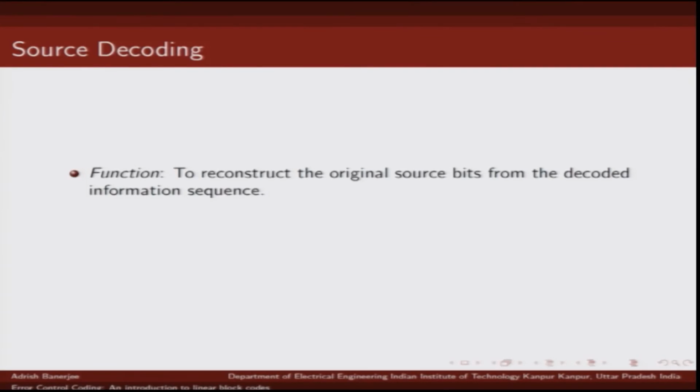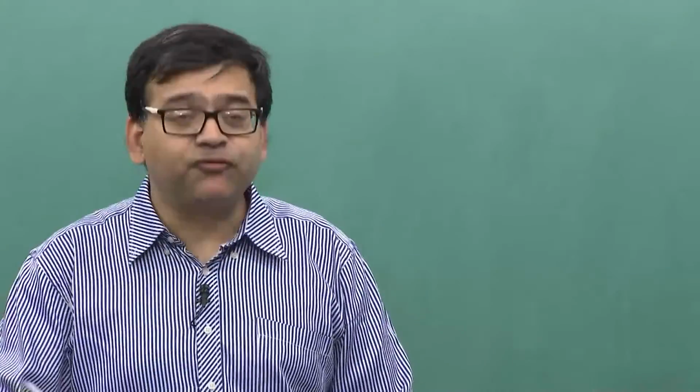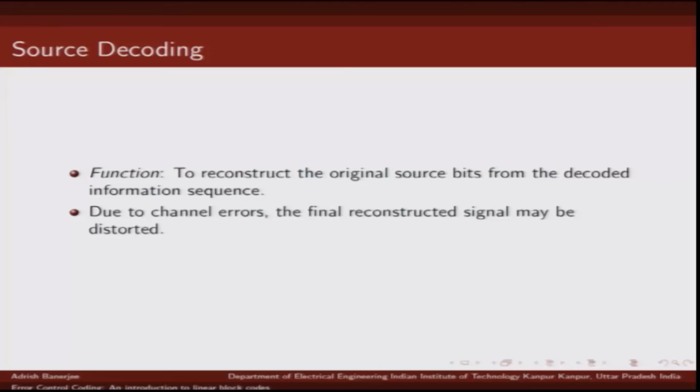The source decoder reconstructs the original source bits from the decoded information sequence. Of course, if there are errors, the final decoded sequence would not be the same as what was transmitted.